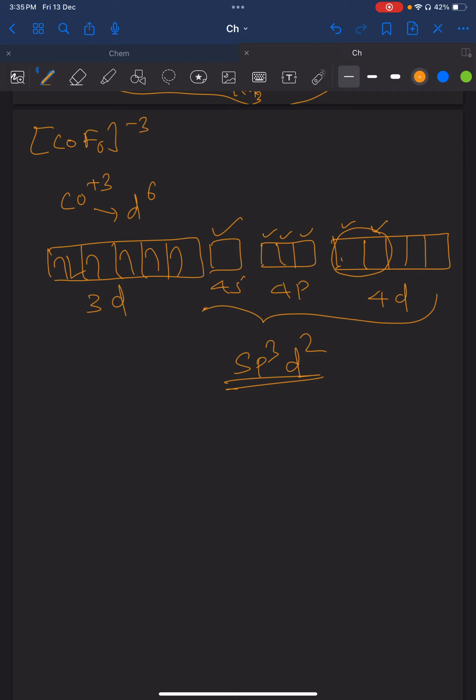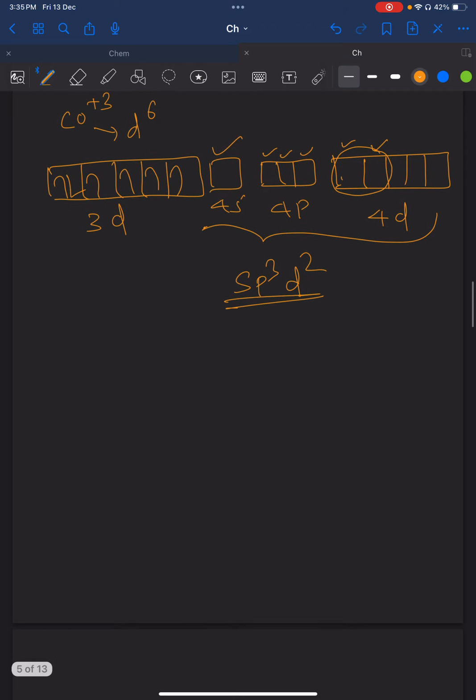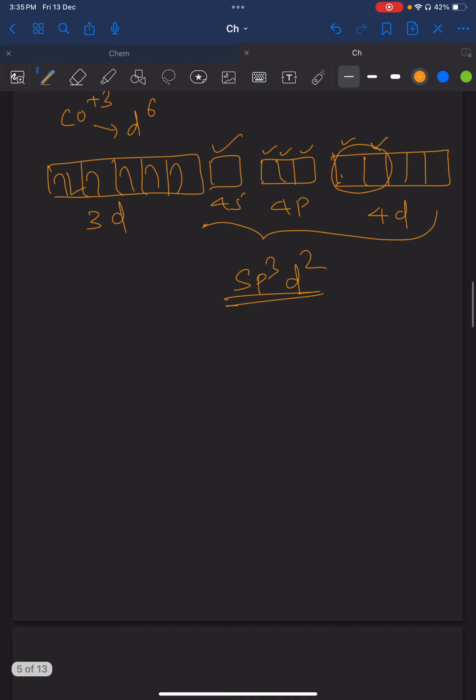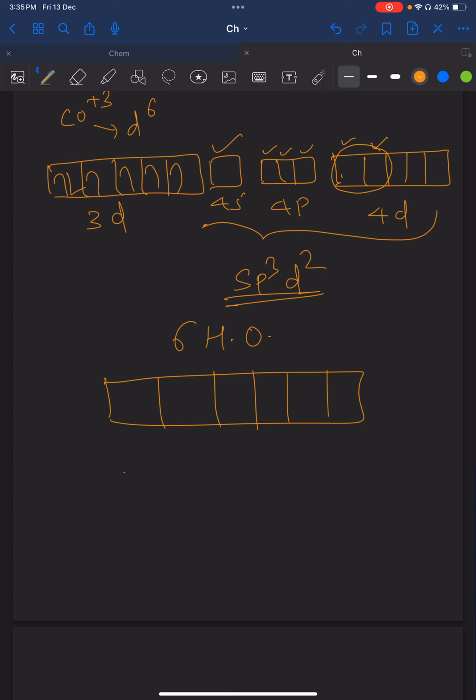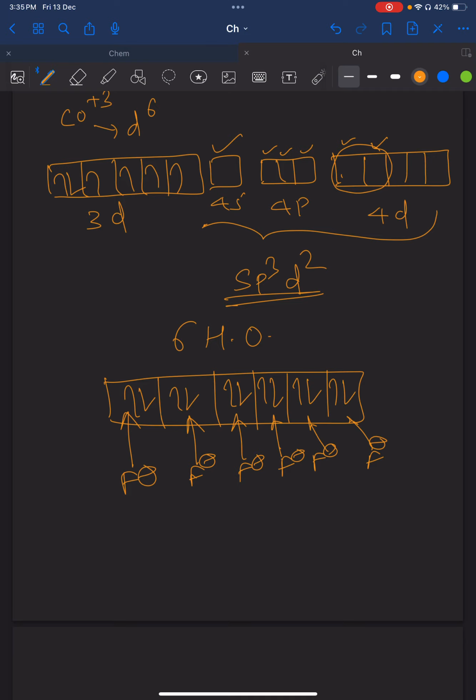So we will now use the outer d orbitals. These orbitals with the outer d orbitals will go into hybridization, and 6 hybrid orbitals of equal energy are formed like this. Now all 6 fluoride ions will donate the pair of electrons like this, and now they are paired like this.